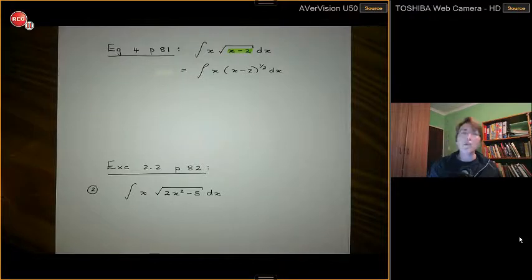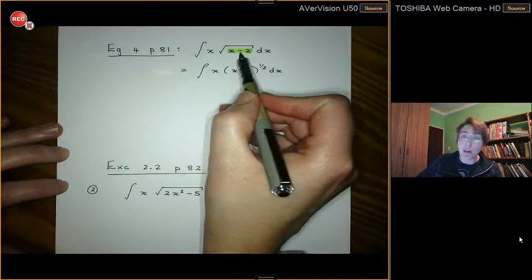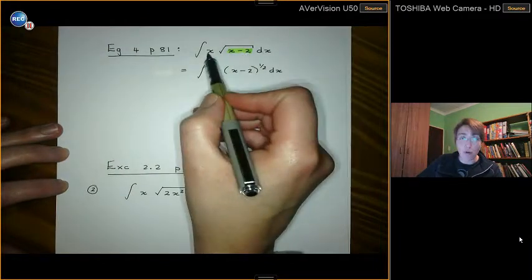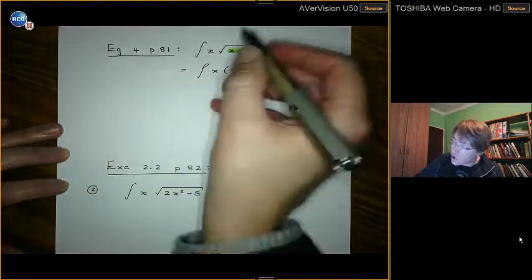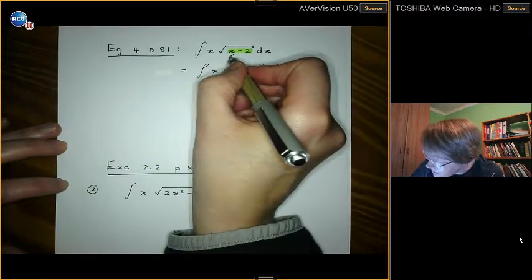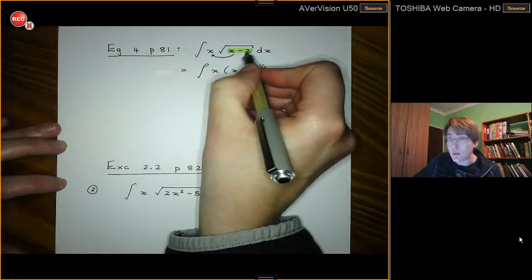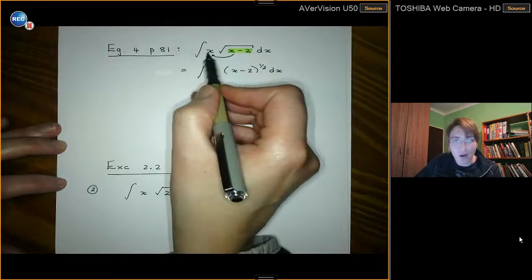And I spoke to you guys when I said the moment you determine what that inside function is, you need to check whether the derivative of the inside function is actually multiplied with the compound function on the outside. But what you should notice is this: the derivative of x minus 2 is 1.